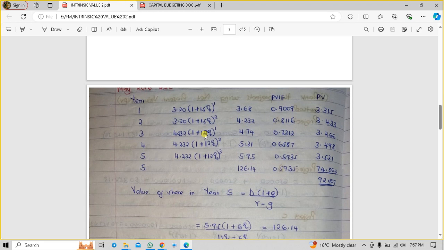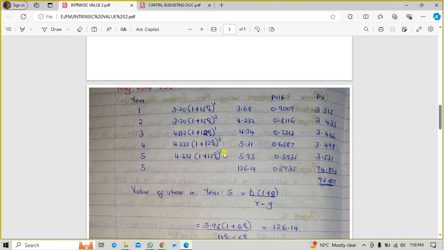So here we are going to say 4.232, 1 plus 12% power 1. We get 4.74. So in these other years, you are going to use 4.232, 1 plus 12% to power 2. Then 4.232, 1 plus 12% to power 3.